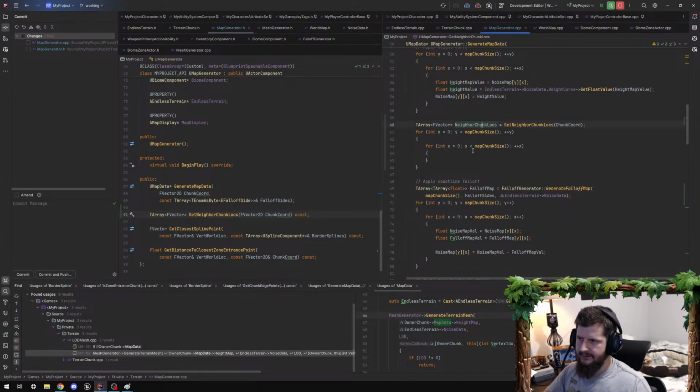I want to do that outside the loop, because otherwise it's going to be less performant. And then I'll want a function for, given a vertex, what's the altitude modifier for it?